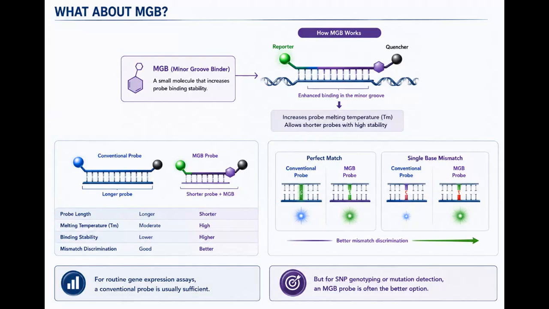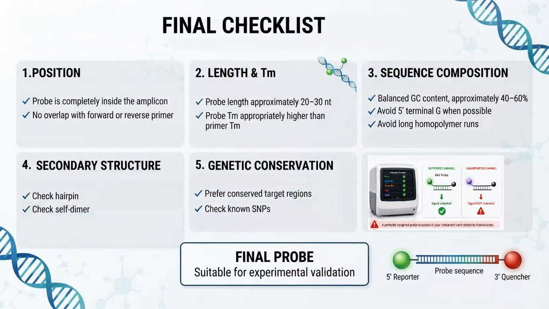Shorter probes generally discriminate single base mismatches more effectively. For routine gene expression assays, a conventional probe is usually sufficient, but for SNP genotyping or mutation detection, an MGB probe is often the better option. Before clicking order, take one final look at your assay.